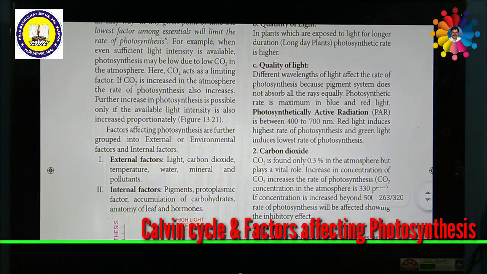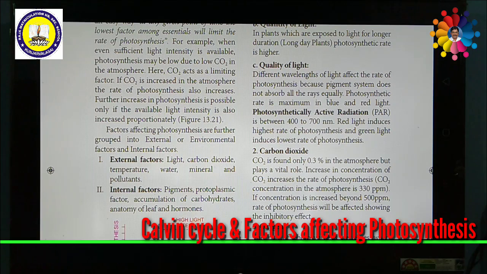We can see a lot of factors which are involved. Among the factors, some are very much essential. Factors affecting photosynthesis are further classified into external factors and internal factors.